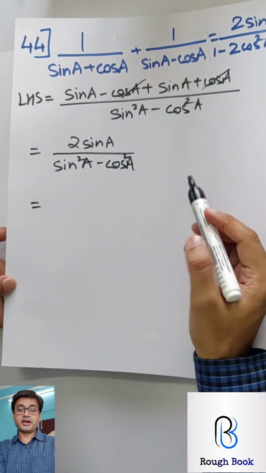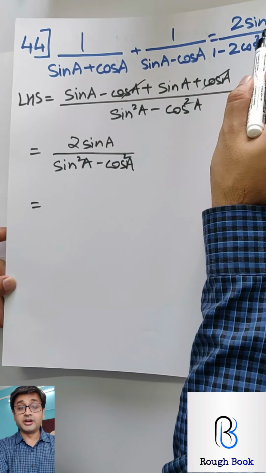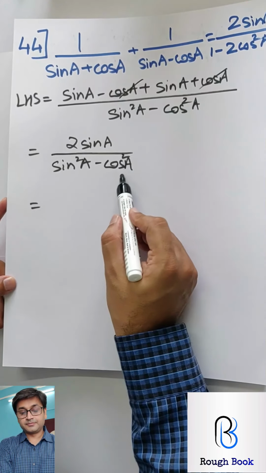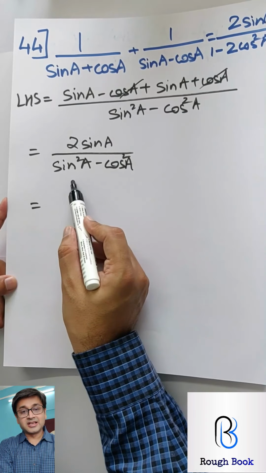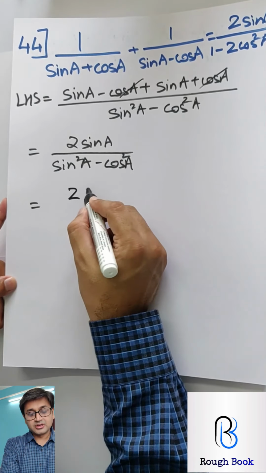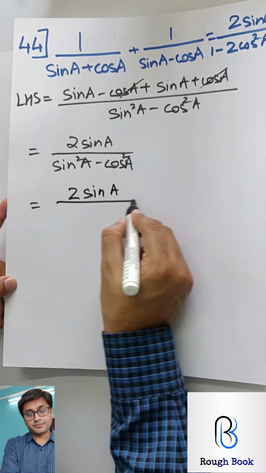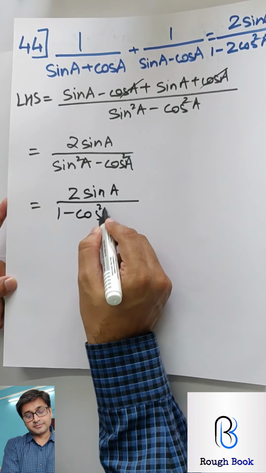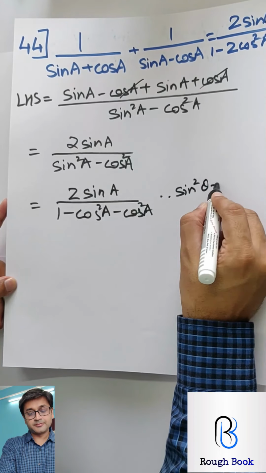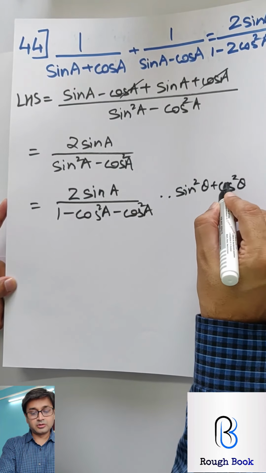Now my eye is on the right hand side. Did I manage to get the numerator? Yes, I did. What about the denominator? I have cos, but I don't need sine. So can I get rid of the sine? How? Square ratios. So what will sine become? 1 minus cos square minus cos square. Let's write the reason. Sine square plus cos square equals to 1.